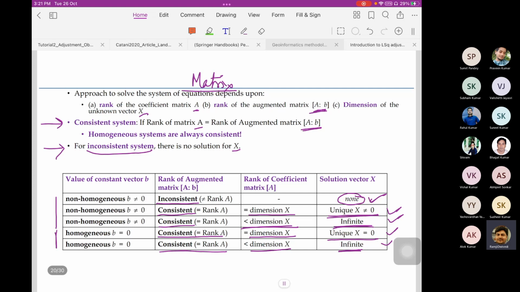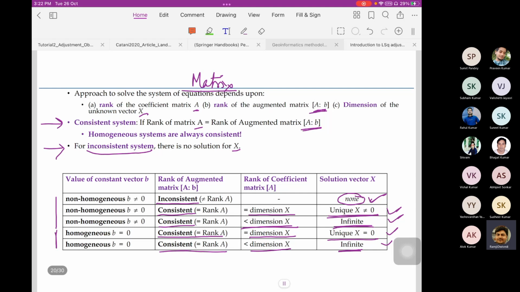One is a unique solution in case of non-homogeneous consistent, and second is infinite solutions in case of non-homogeneous consistent, but the rank of A is less than the dimension of X. So these are the two possible cases. Similarly, these two possible cases are with the homogeneous one also.